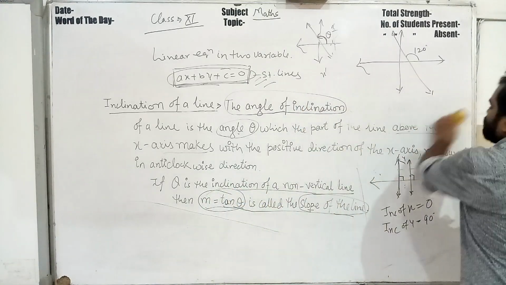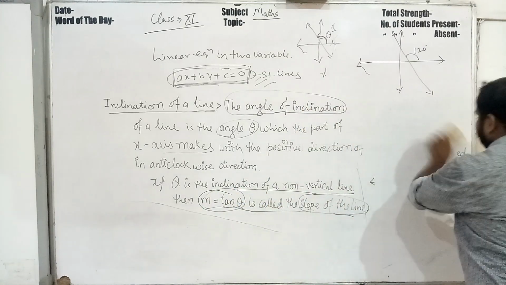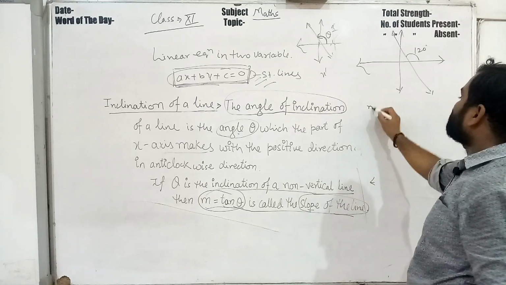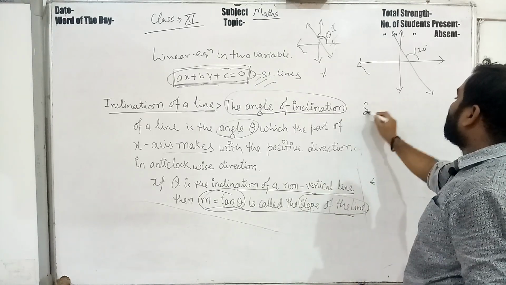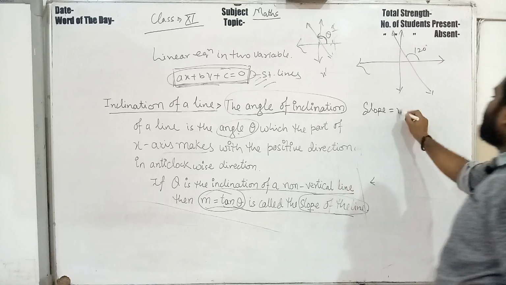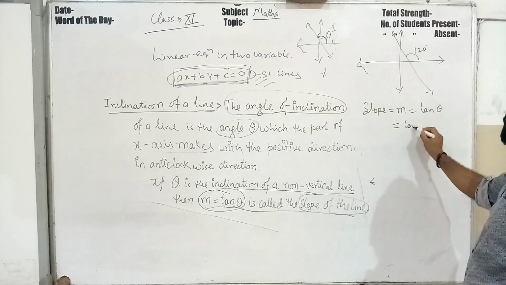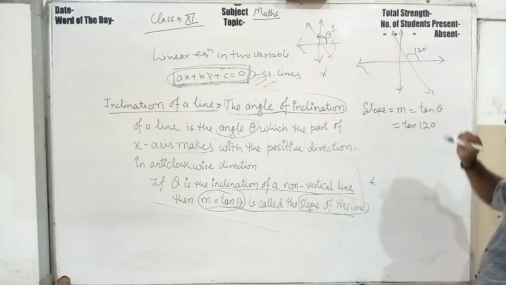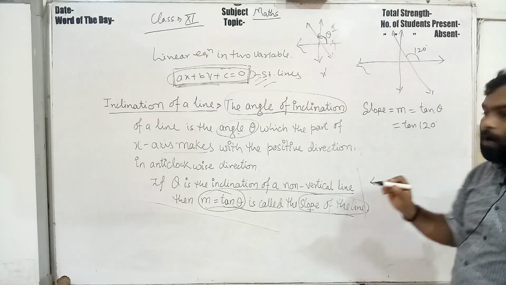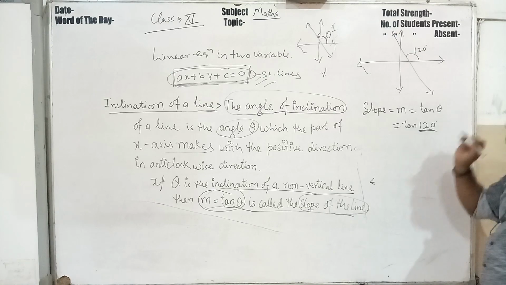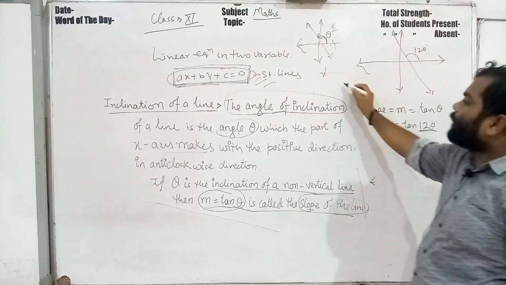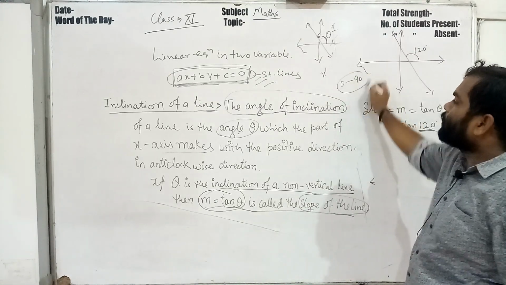To find the slope we have to use tan theta, which here is tan 120. Now till now we have not learned how to find the value for 120 degrees. We have learned angles between 0 to 90 only.